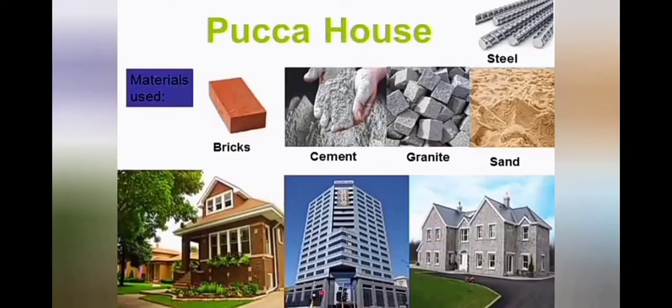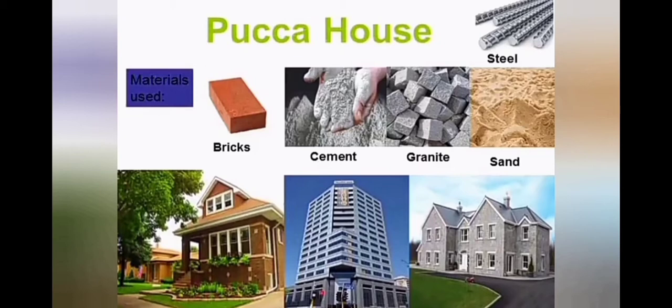When we make a pakka house, the things needed are steel, that is iron rods, brick, cement, granite, sand. We all know that these things are needed to build a house in cities. You can see these kinds of buildings, right, children?